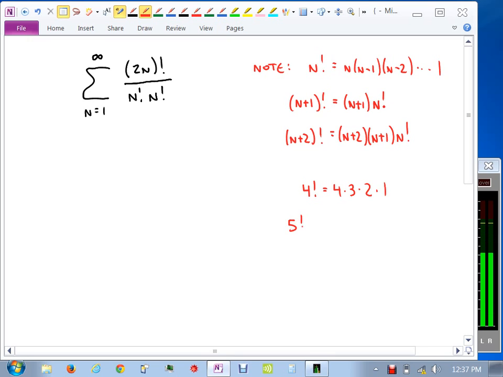Well, what's 5 factorial? That's 5 times 4 times 3 times 2 times 1, but that's 5 times 4 factorial. Or you could say 6 factorial is 6 times 5 times 4 factorial. But I could also have said 6 times 5 times 4 times 3 factorial. So it doesn't matter where I stopped it. Factorial means from there on.